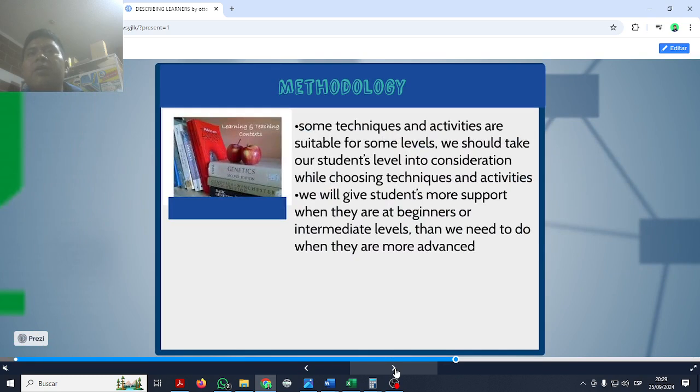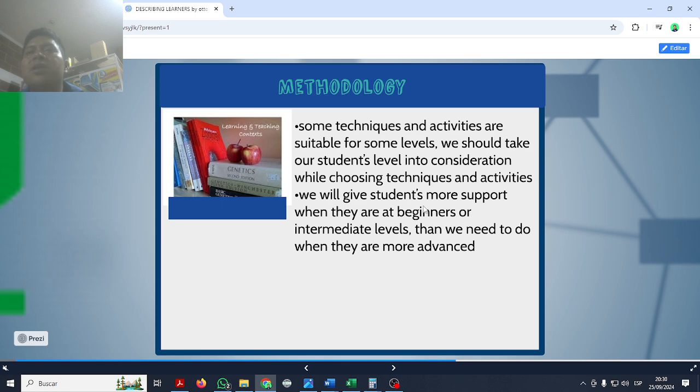Regarding methodology, some techniques and activities are suitable for some levels. We should take our students' level into consideration while choosing techniques and activities.